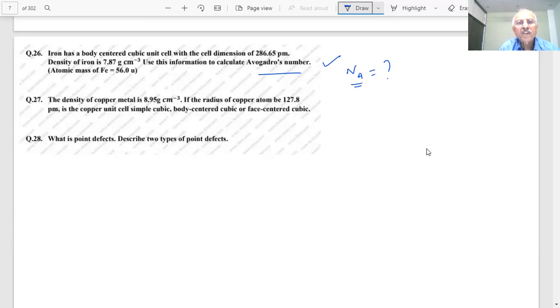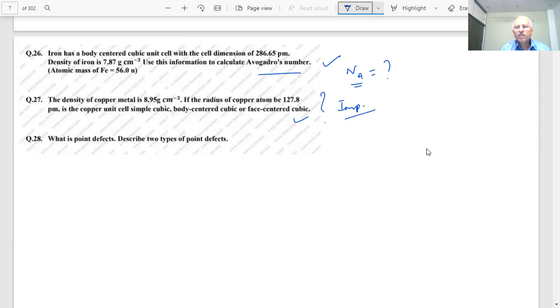The density of copper is this, the radius is 120 cm, and copper has a unit cubic cell. Is the unit cell simple cubic, body centered or face centered? Then what do you want to find in this question? If the radius of the copper is given, we will find Z in this case. I give you 1 minute to try. Important question.